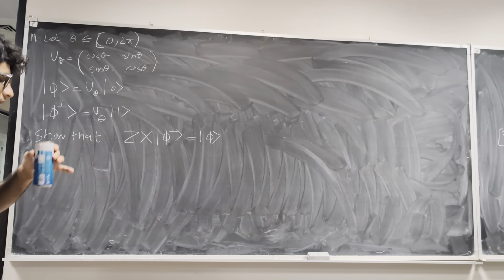And she applies U theta inverse to her qubit, which we take to be the first, and then measures it in the computational basis. What state does Bob have if her outcome was 0 or when it was 1?